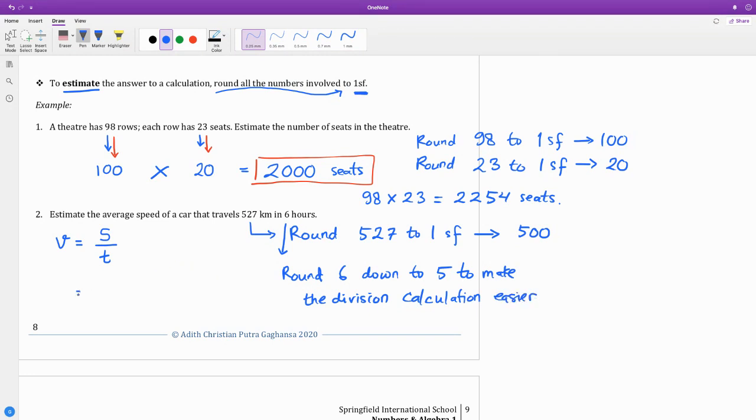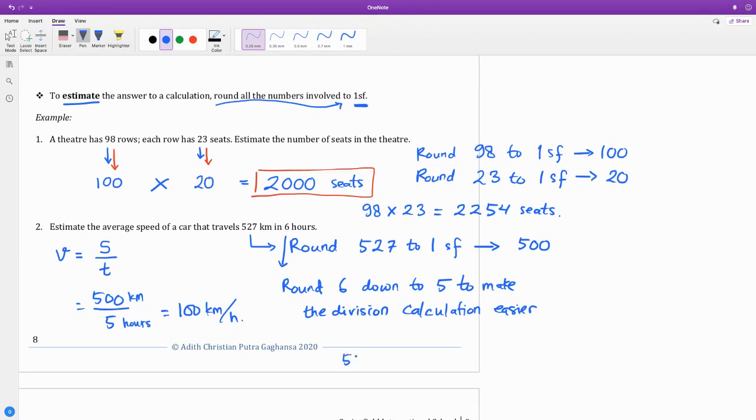And we go back here, it's 500 divided by 5. Don't forget the units. So it becomes 100 kilometers per hour. The exact answer should be 527 divided by 6, which is 87.8 kilometers per hour.